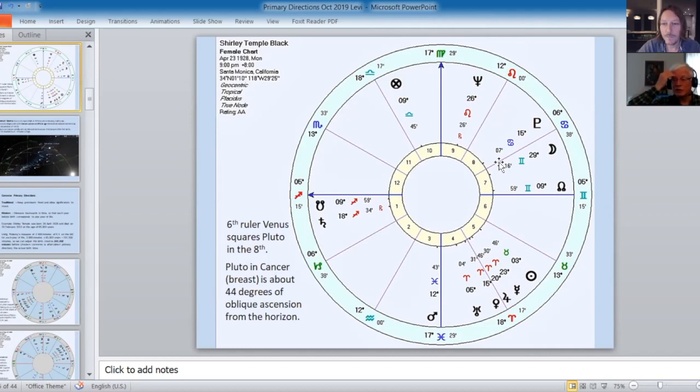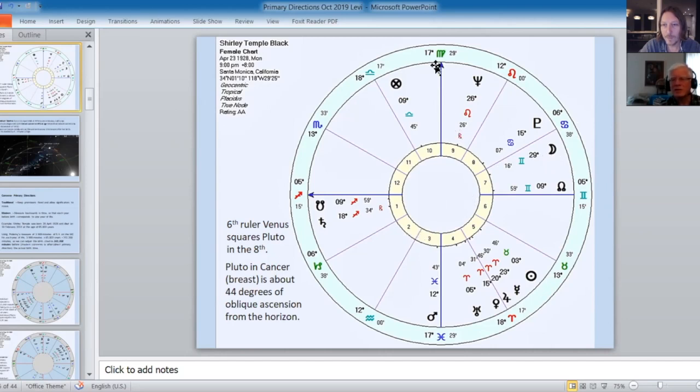We wouldn't say it's certain, but we would say it's possible, and then we'd look at other techniques to pinpoint. But as you can see here, from 17 Virgo, 17 Leo, we'd have to measure this in right ascension to see when this might be. Right.